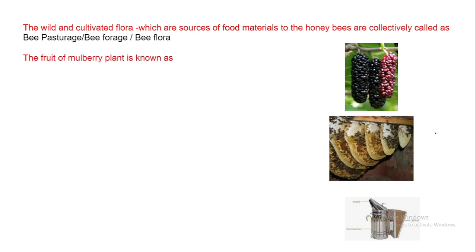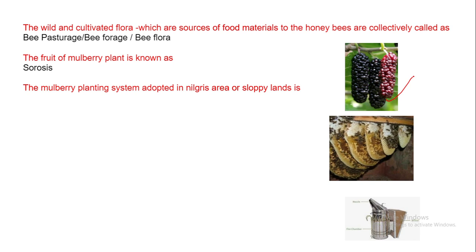The fruit of the mulberry plant is known as sorosis. The mulberry planting system adopted in the Nilgiri area or sloping land is the angular system of planting.